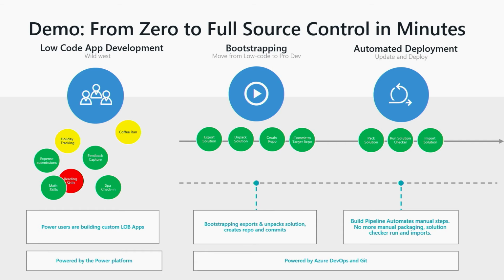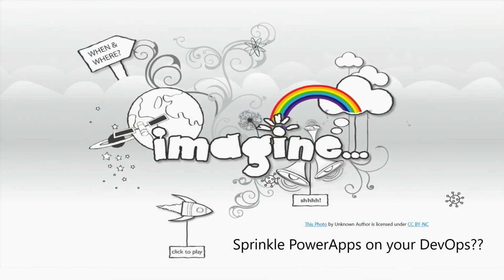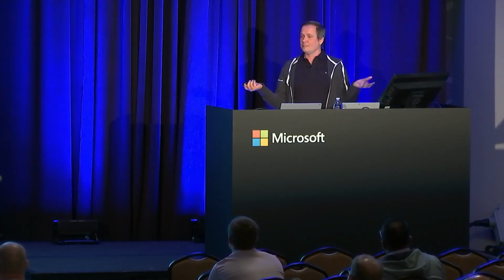that was the demo. Now, what I started talking about before, but didn't want to go too much into before the demo was over, is that we have this concept of rainbows and unicorns, wonderful things that we want to do. My rainbow and unicorn on this one is: now we know that we can sprinkle some DevOps on your PowerApps, but what if you could sprinkle PowerApps onto your DevOps?